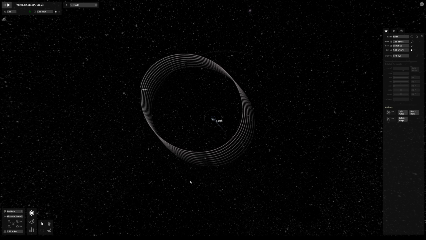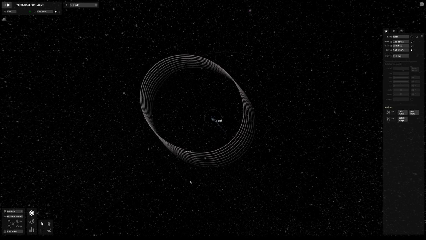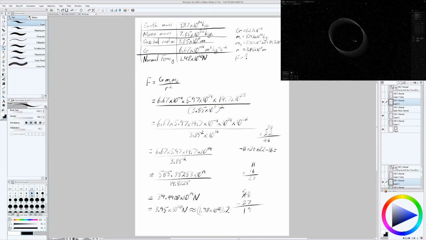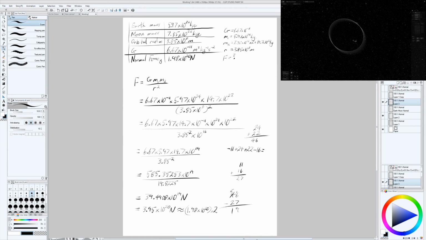So if we go back to the working, the only difference that has happened is instead of the moon's mass doubling, the Earth's mass has doubled.